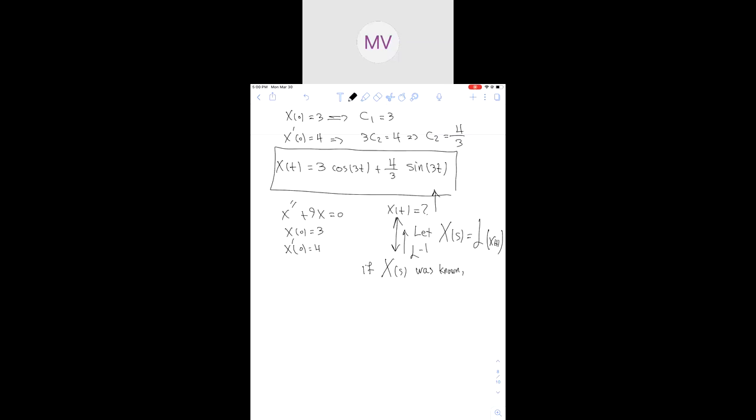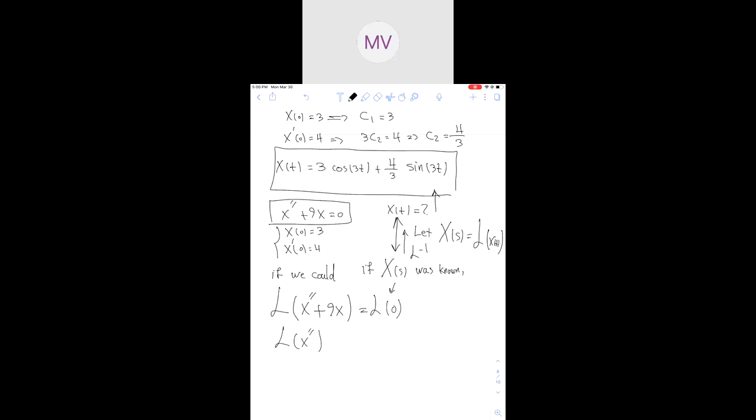Okay, well, let's see how we can get this guy. The only thing I have is this piece right here, with these two initial conditions. So if we could take Laplace of both sides of that equation, like x double prime plus 9x, of course the other side is 0, right?